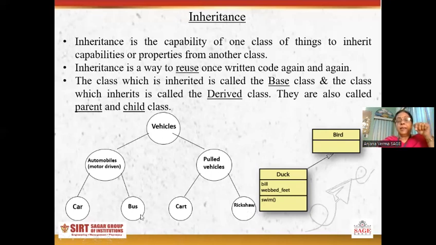Means bus has the property of automobile, means motor driven, because the superclass of bus is automobile and the superclass of automobile is vehicle. Vehicle means you can transport with the help of bus. Means with bus, it is having the property of superclass, that is automobile, motor driven, and it is also having the property of superclass.